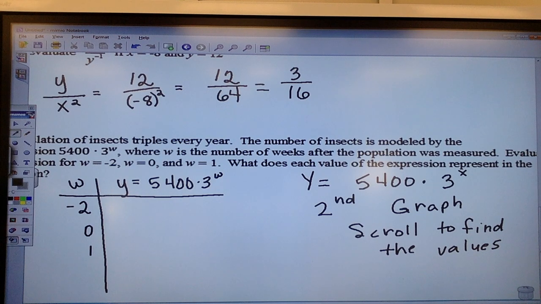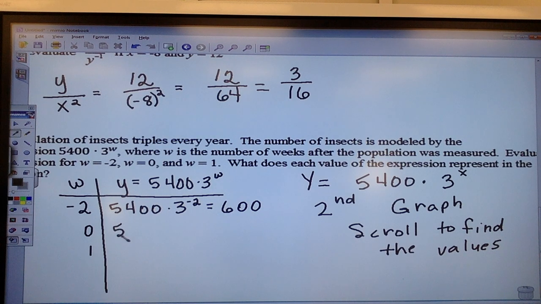So I guess even before weeks have started, if we substitute -2 for W, that's going to give us 600. So even before we started counting, there were 600 of these horrible mosquitoes existing already.